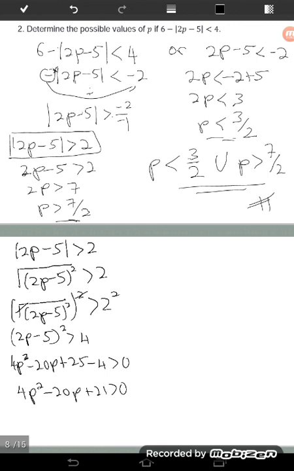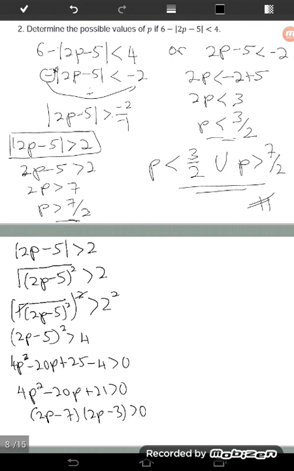This cannot be simplified, because 4 and 20 are divisible by 4 but 21 is not. So next, factorize. You will have 2p minus 7 and 2p minus 3 greater than 0.